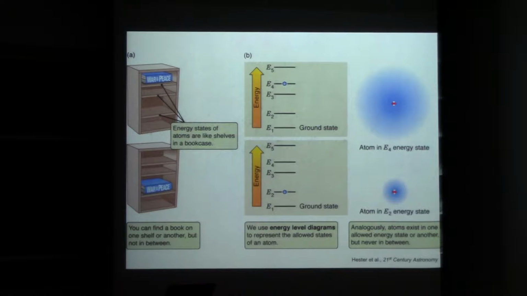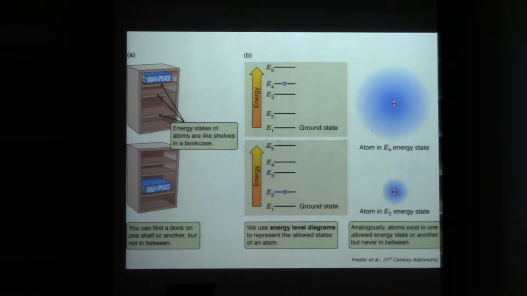Of course, in reality, you can move the book in between, but in quantum mechanics, it really isn't in between. Strictly speaking, the electron's wave function can be a superposition of states, but it can never be anything in between. It can be a quantum superposition of different energy levels, but never literally some energy in between those allowed energy levels.